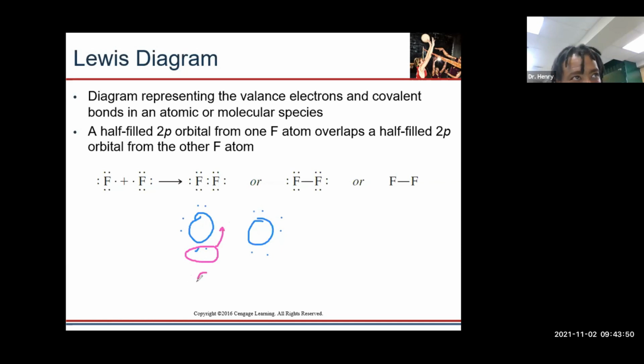So then I move those towards the center for sharing.